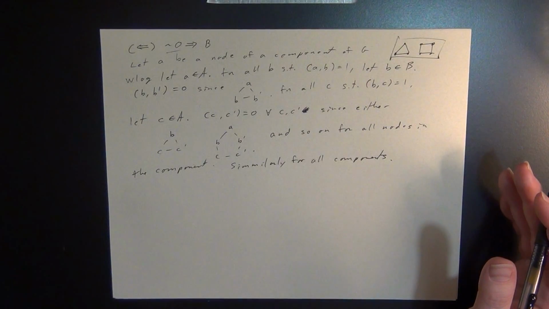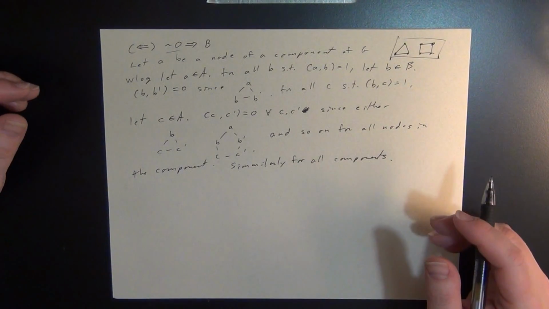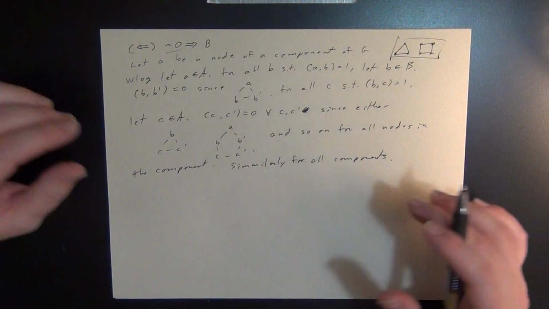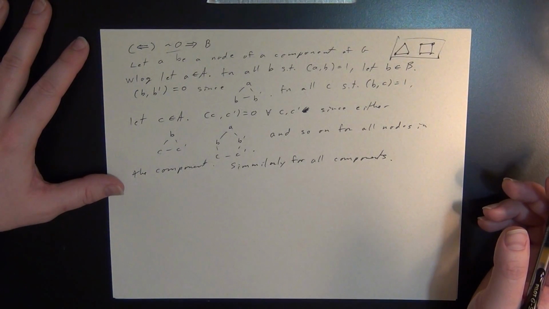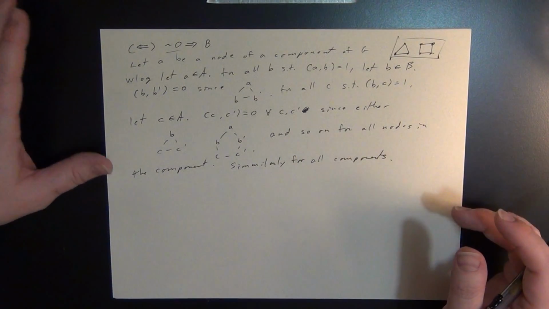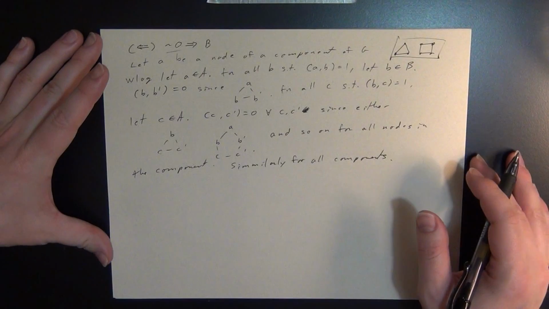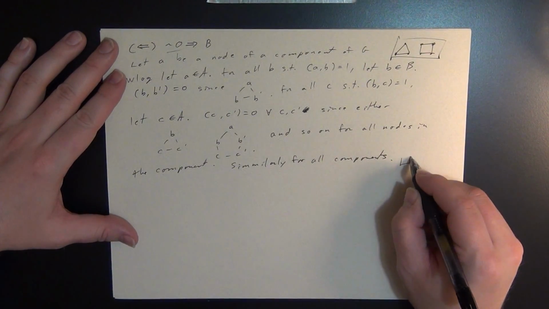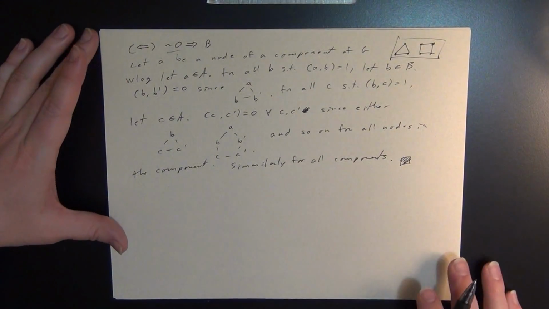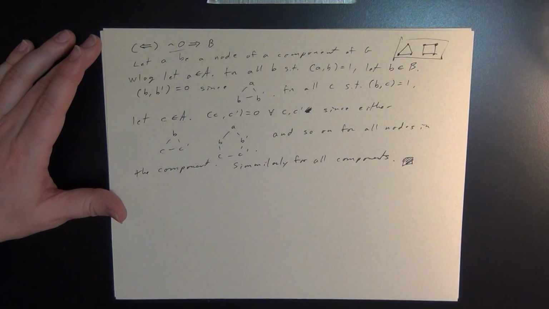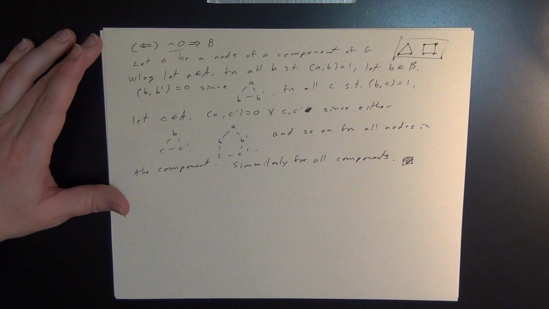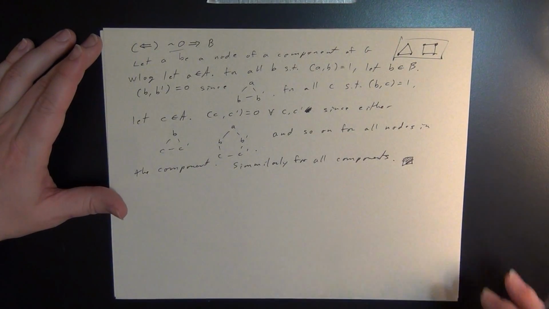You've got one part of your bipartite decomposition of the set G, and then all the rest form the other part of the decomposition of the set G. And so we have proved what we set out to show, that G is bipartite if and only if it contains no cycles of odd length.